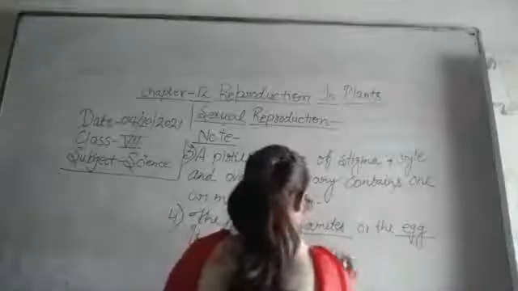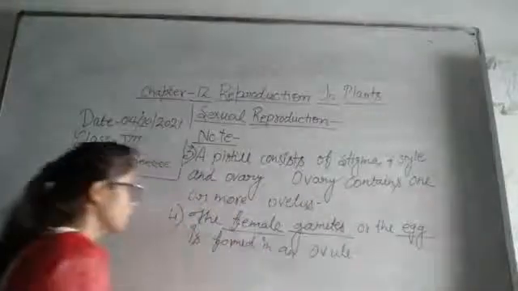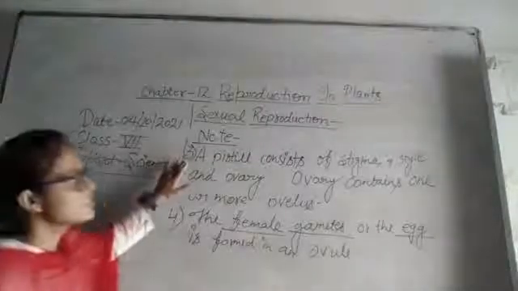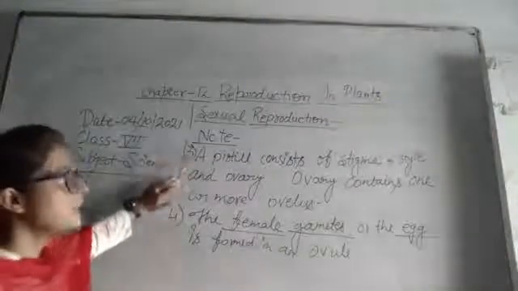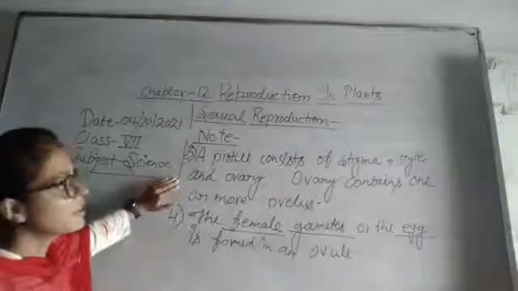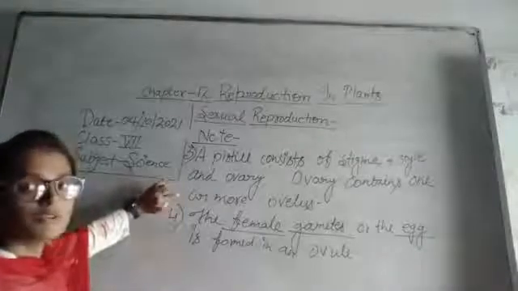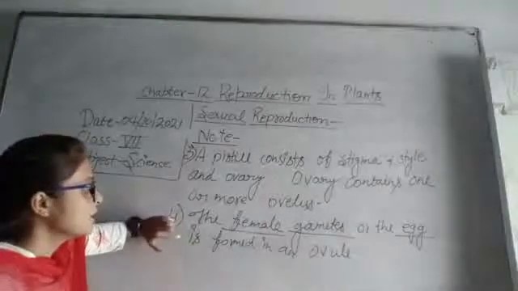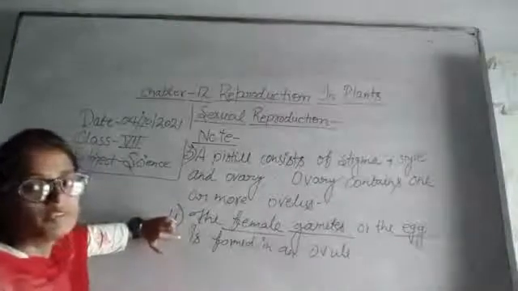Okay, pistil consists of stigma, style, and ovary. Ovary contains one or more ovules. The female gametes or the egg is formed in an ovule.